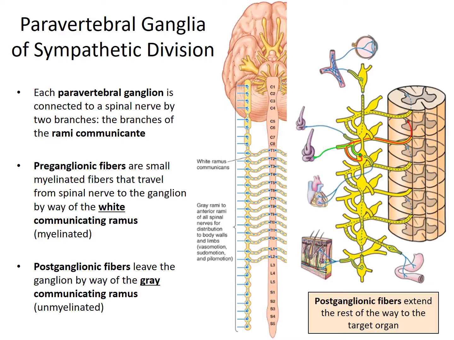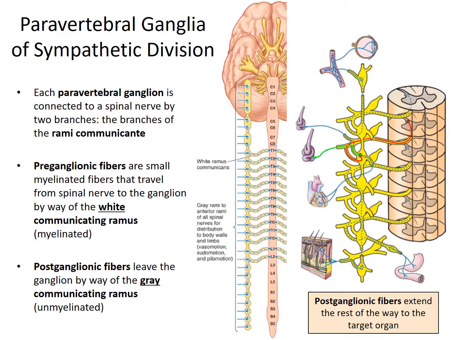This paravertebral ganglion or sympathetic chain ganglion is connected to the spinal nerves T1 through L2 via two branches. The branches are the rami communicantes. Remember when we talked about the spinal cord, chapter 13, we talked about the rami communicantes.